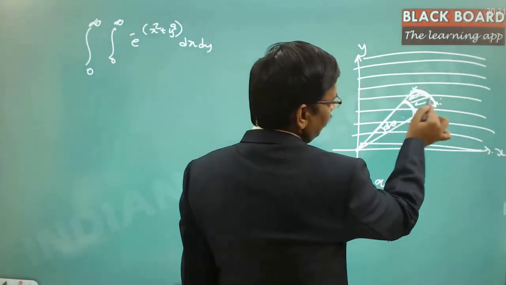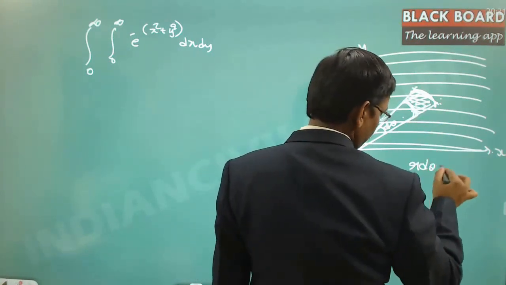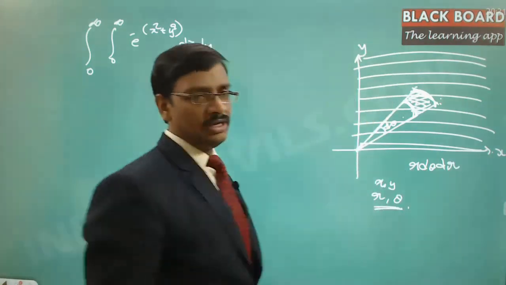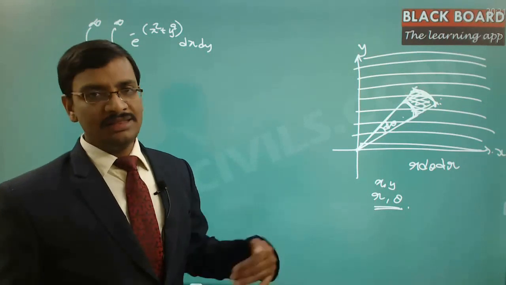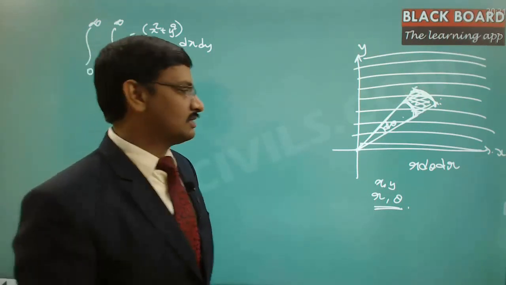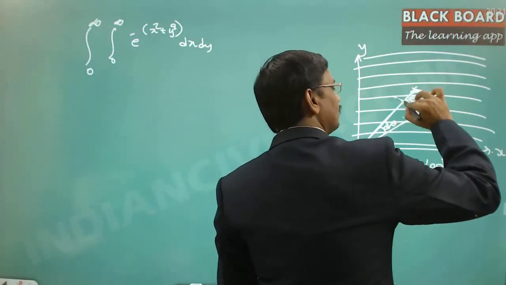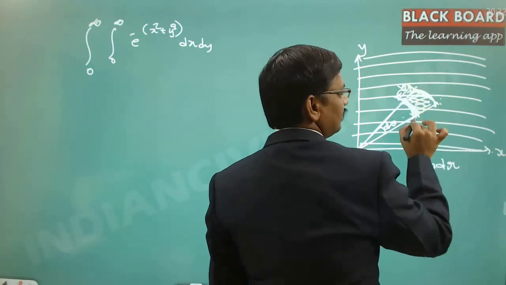This elemental area is r into d theta into dr. Why? Because r d theta is this arc length, and dr is this length.